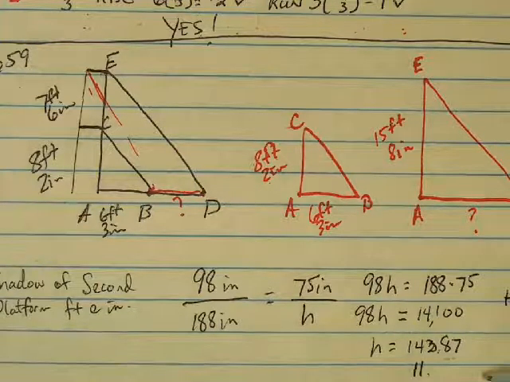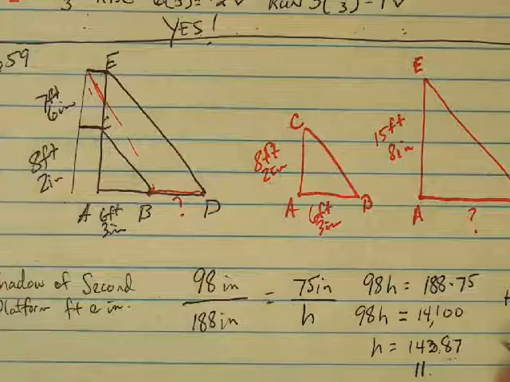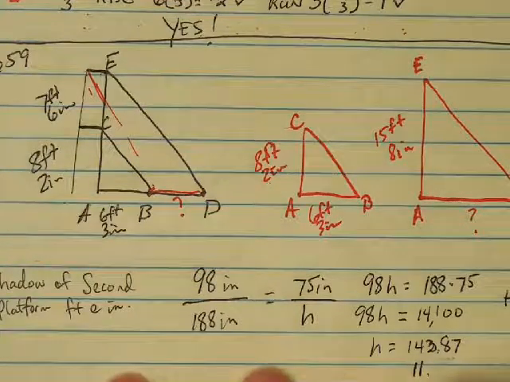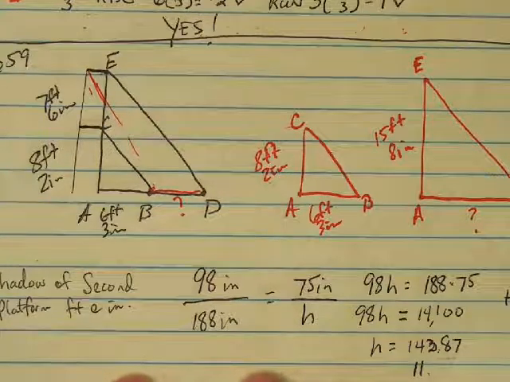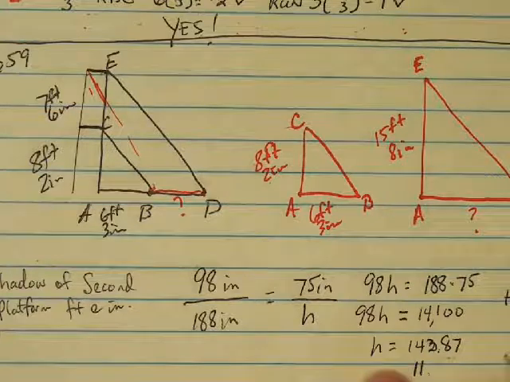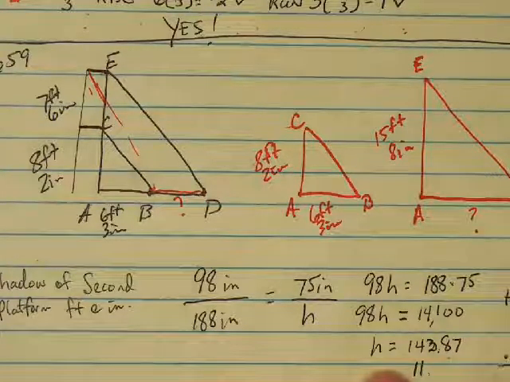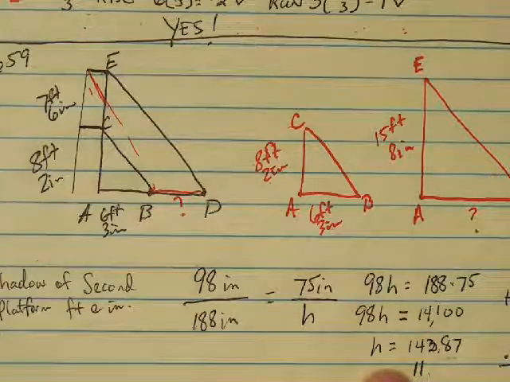0.859. That gives us another foot, doesn't it? So now we're at 12 feet, 0.859. How do I convert a decimal back to inches? Okay, this is how. Take 0.859, and we know that there's 12 inches per foot.